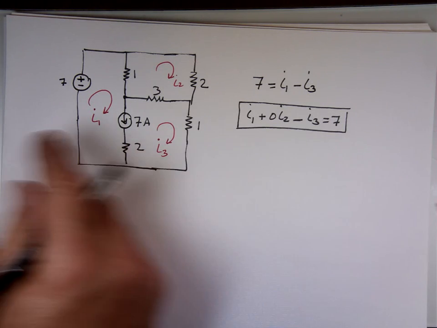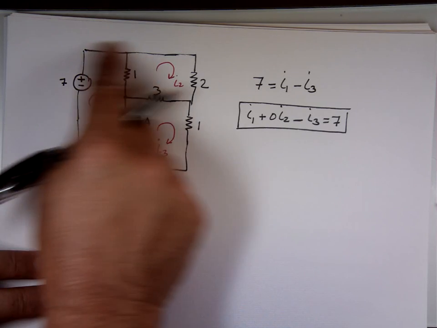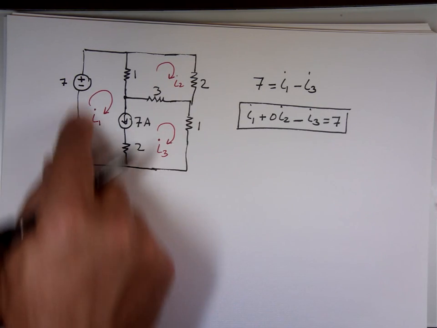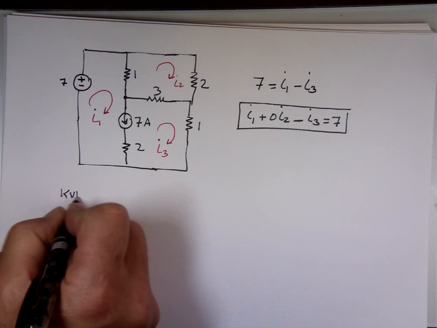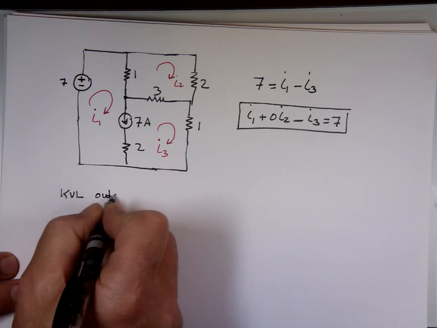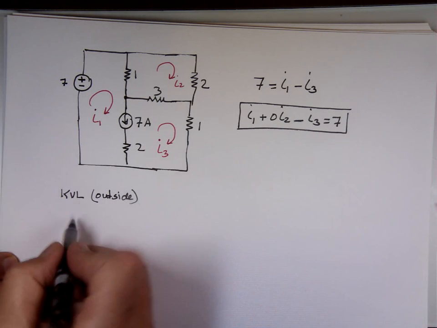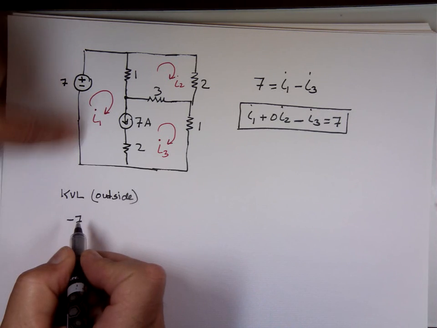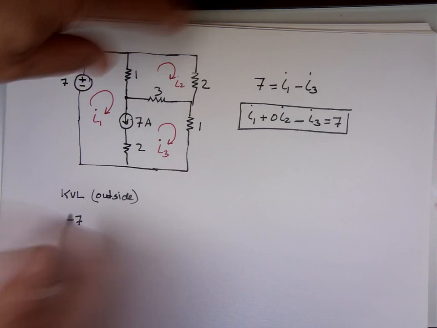Now let's take this outside loop, because I need 3 equations. Let me start with the outside loop. KVL outside. Negative 7. I'm traveling this way. Negative 7. Keep going. Come down this way. I'm traveling down.